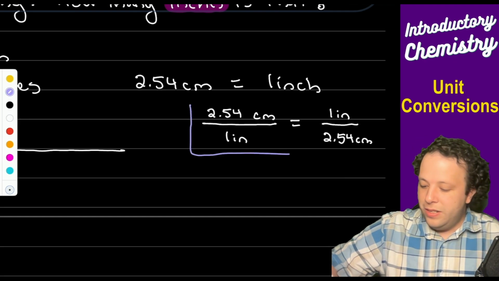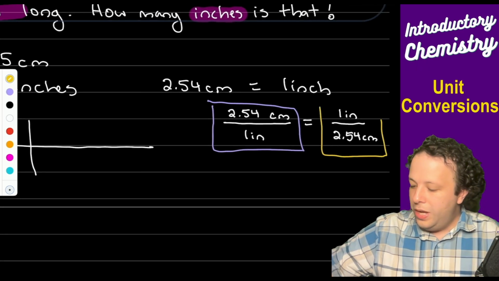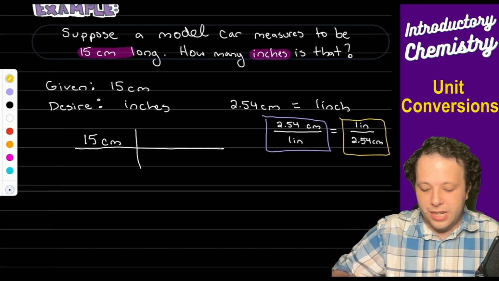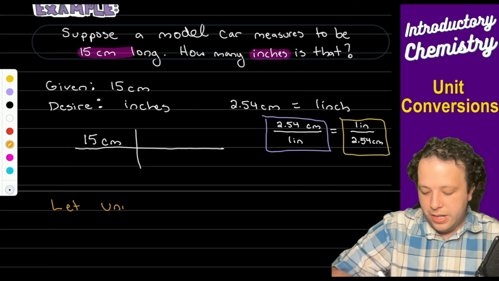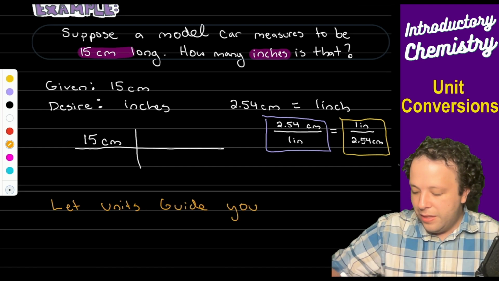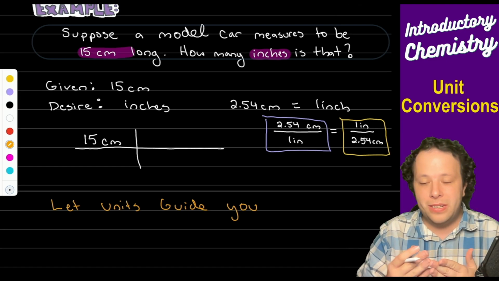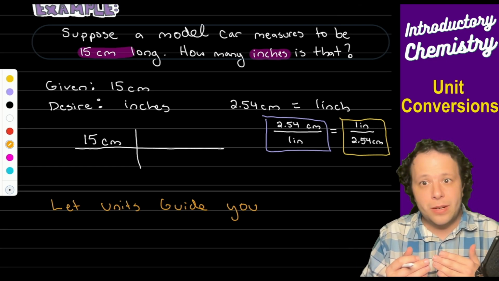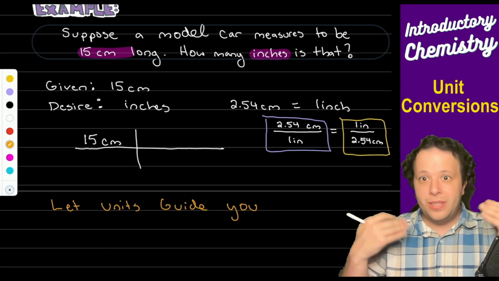Now, when we do these problems, I'm going to color code these, we have to let the units guide our thinking. So let units guide you, meaning that we have to let them show us how we are going to be canceling in these different problems. So going back to our translator problem, when it came to Spanish and Spanish, they were opposite, so they canceled.